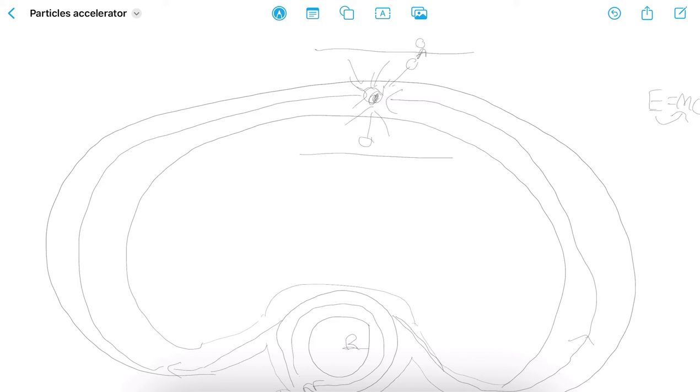So in terms of the scientific aspect, and also the social aspect, both aspects will benefit from the experiments conducted in the Large Hadron Collider.